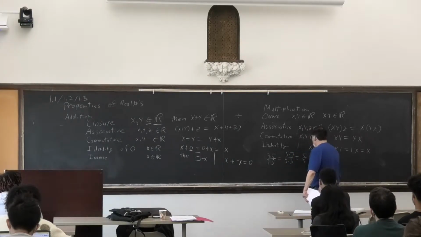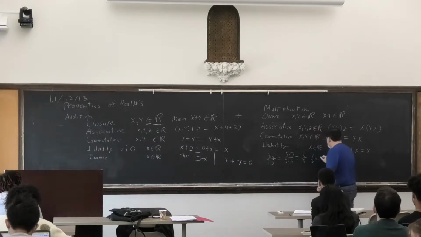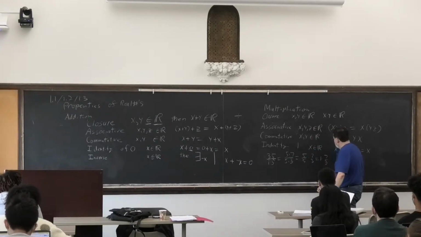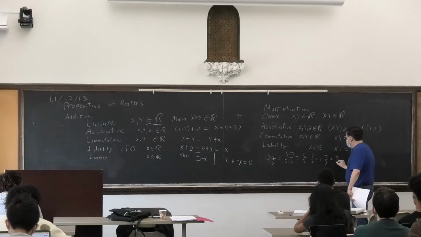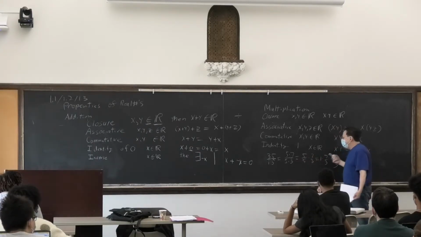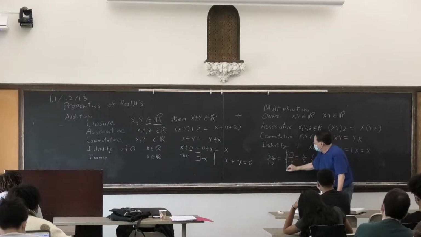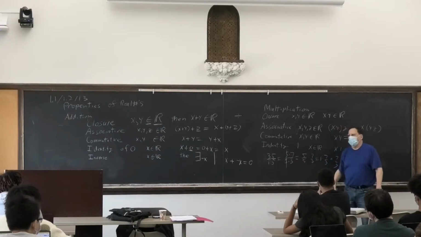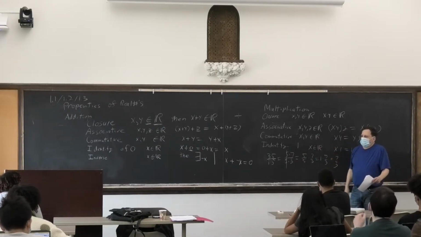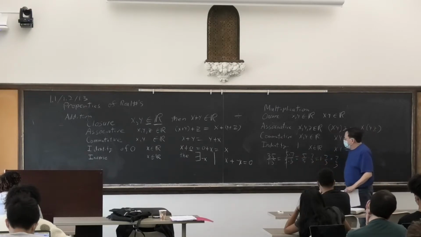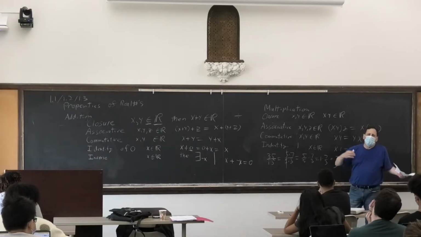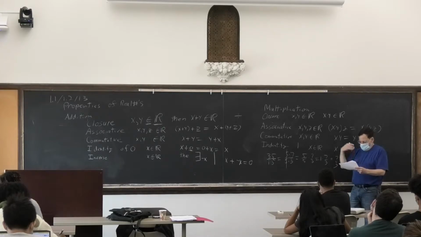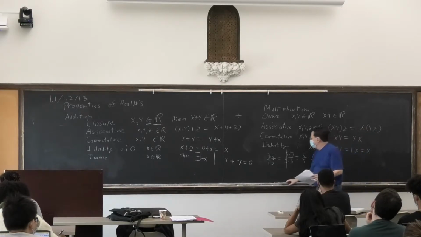That's 5 over 5 times 7 over 3. Is 1 times 7 over 3, which is just 7 over 3. But I don't write all this out. I'm just going to go like that. Right? Because 5 over 5 is 1. 1 times anything is itself. I mean, I'm just saying, we use this stuff all the time. We don't think of it explicitly.